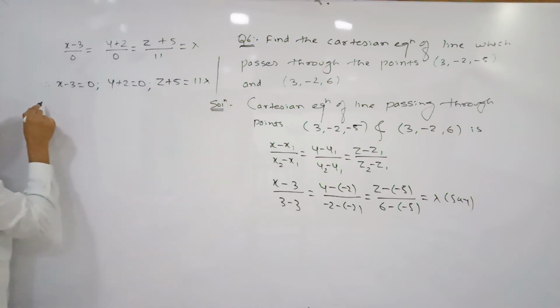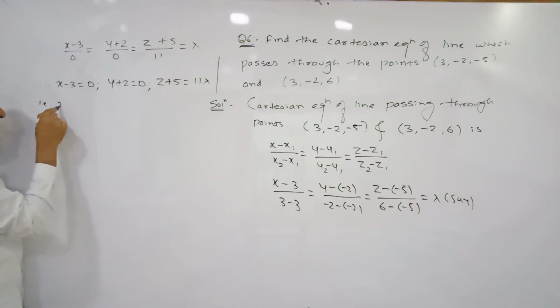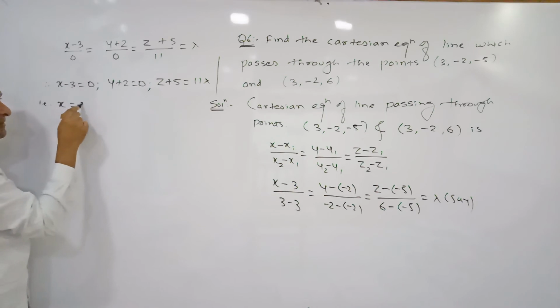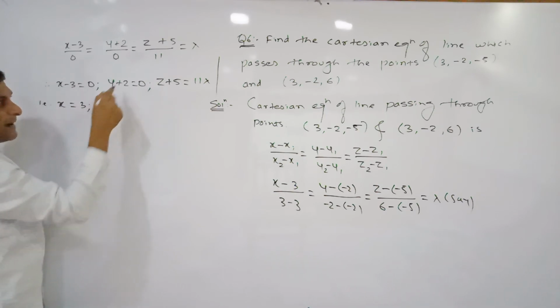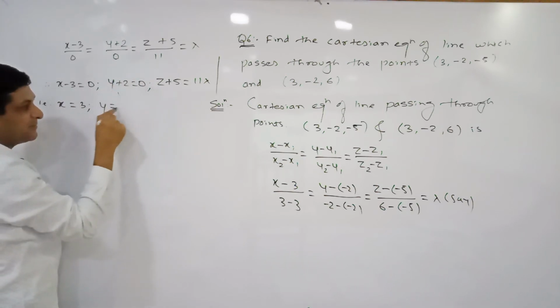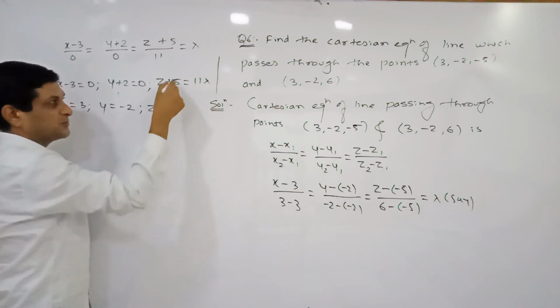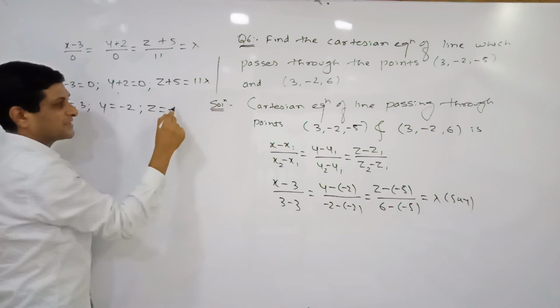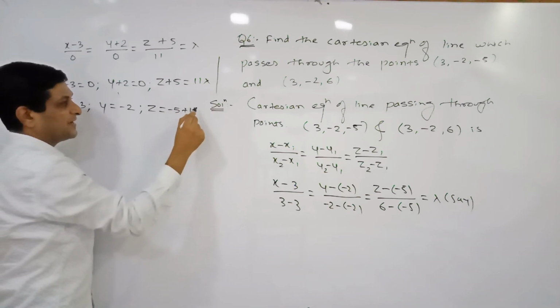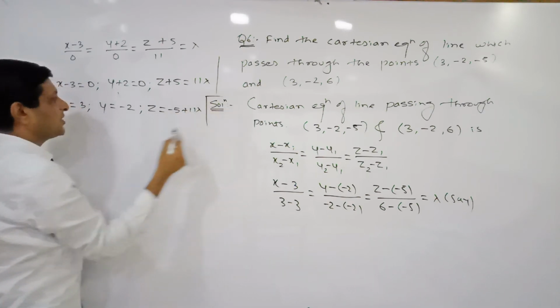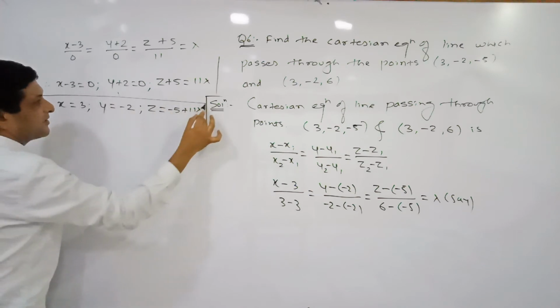Simplifying again, x minus 3 on this side will become plus 3. y plus 2 on this side will become minus 2. And here z plus 5 on this side will become minus 5, so z is equal to minus 5 plus 11 lambda. In this way, we have got our required equation of line.